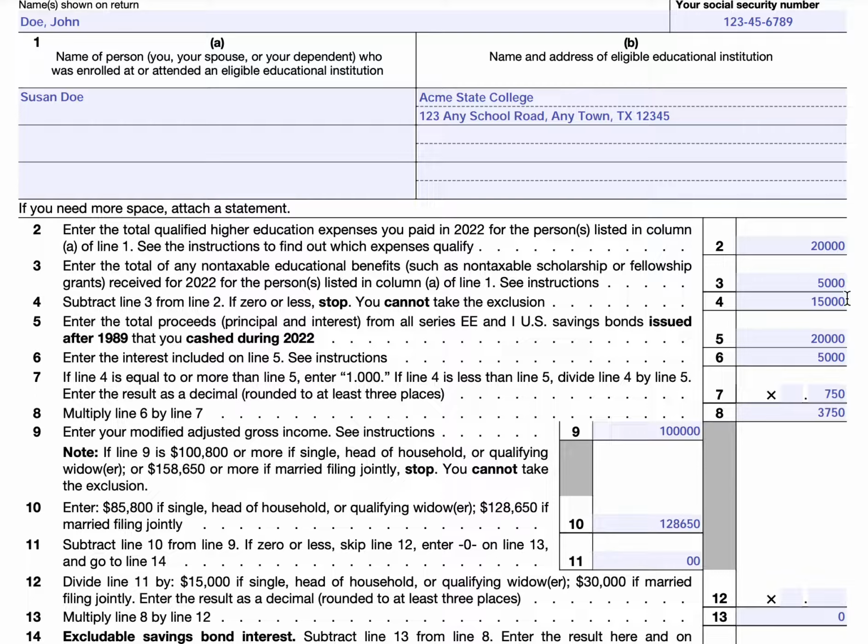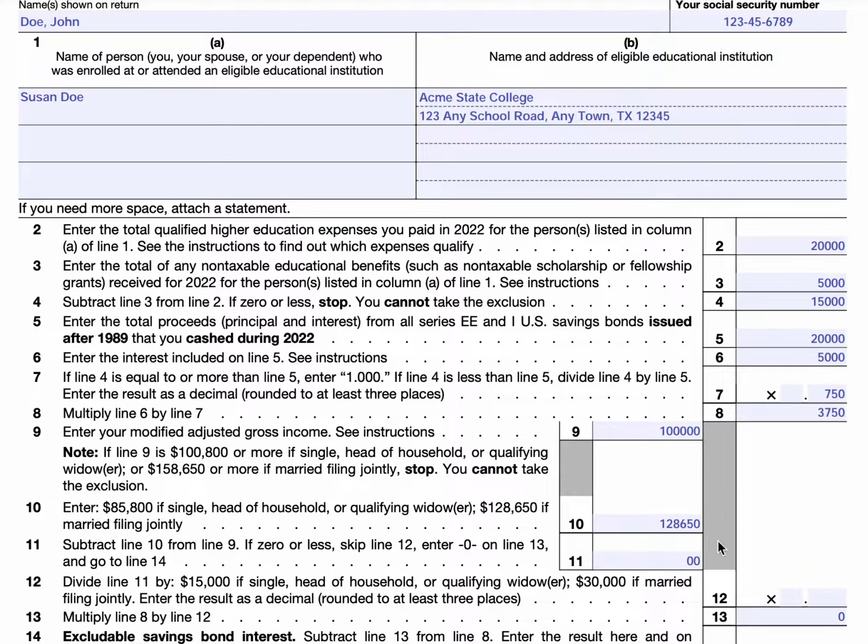So that's going to force us to only be able to account for 3/4 of the interest. If the education expenses had been greater than the amount of proceeds that we cashed in, then we'd be able to consider the full value. So 3/4 of the $5,000 amount is $3,750.